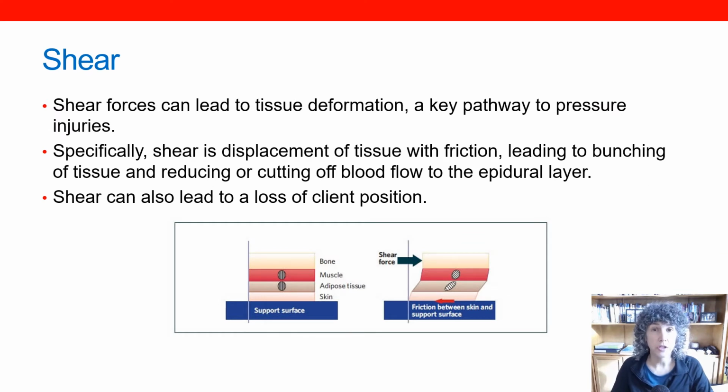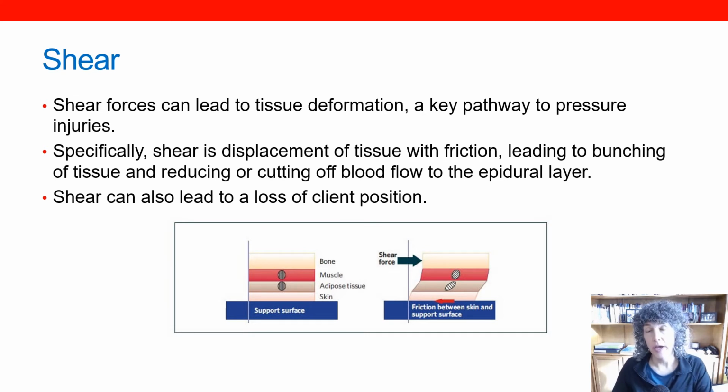Shear forces lead to deformation of the tissues themselves as they are compressed between these two moving surfaces, and this has been identified as a key pathway to pressure injuries. Specifically, when this displacement of tissue occurs, there's also friction, and this displacement leads to an actual bunching of the tissue.